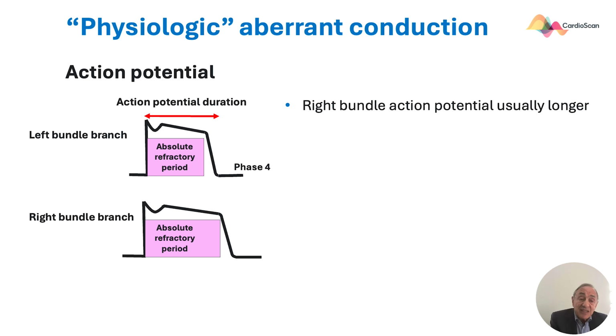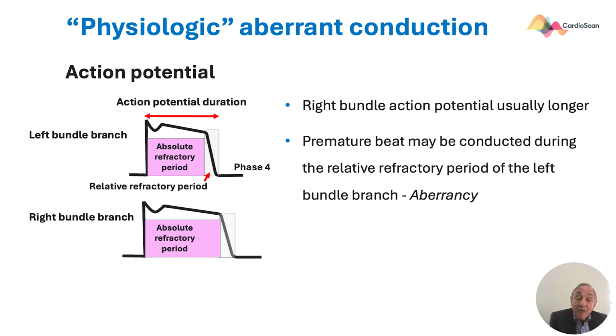As a result of this, we have phase 3, where there's the relative refractory period, and it is able to conduct. So now we have the left bundle branch able to conduct, whereas the right bundle branch remains absolutely refractory. And as a result of this, a premature beat may be conducted during this phase, and this is called the zone of aberrancy.